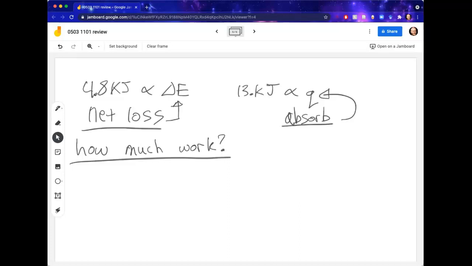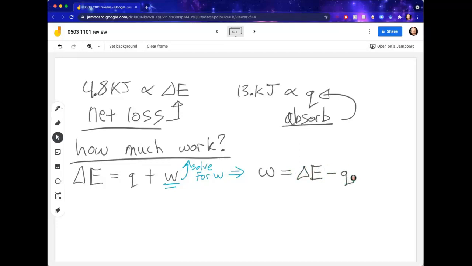So let's start out with the equations that we need. The first one is that the total change in energy is going to be the sum of heat plus work. And ultimately, this work is the thing we're trying to solve for. So you want to solve for W. The last equation that we're going to need to wrap up the problem is W equals delta E minus Q. Right?